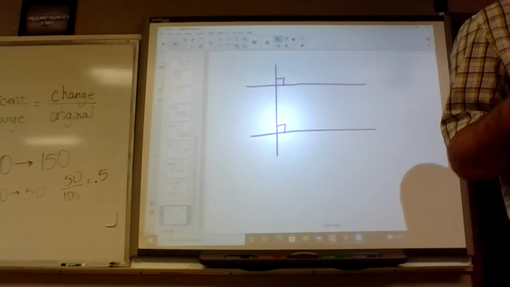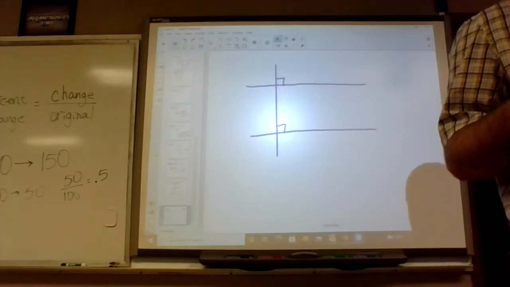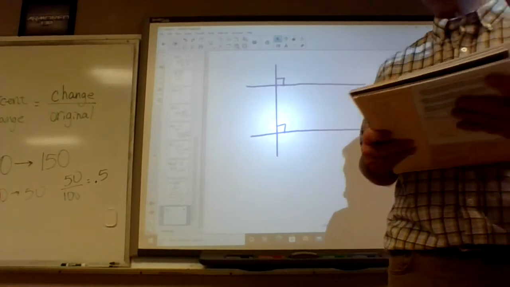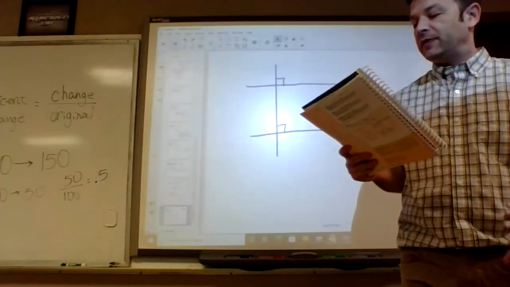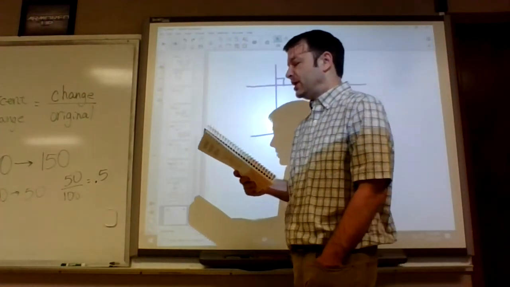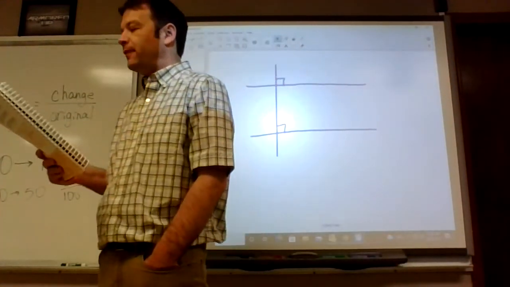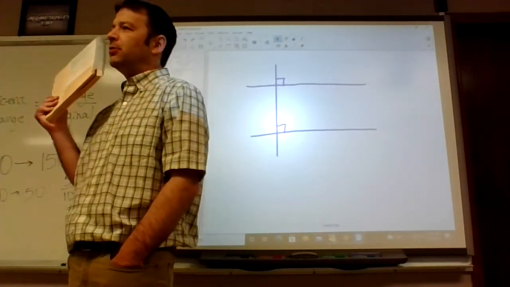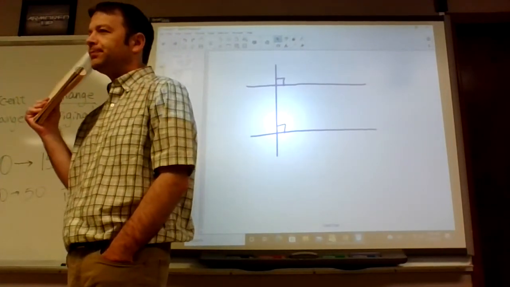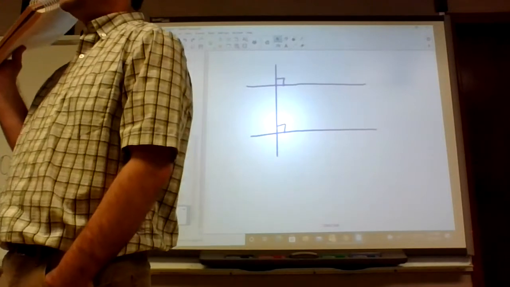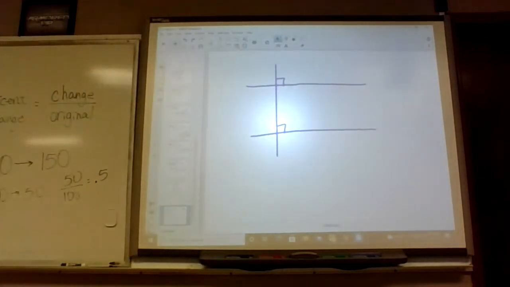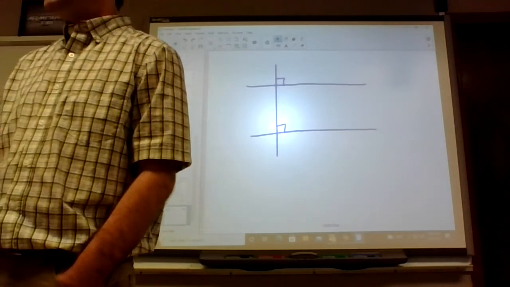On number 9 it says angle 4 is 40 degrees. If angle 4 is 40, how do we know angle 5? What would angle 5 have to be? It's also 40. See how they look the same?